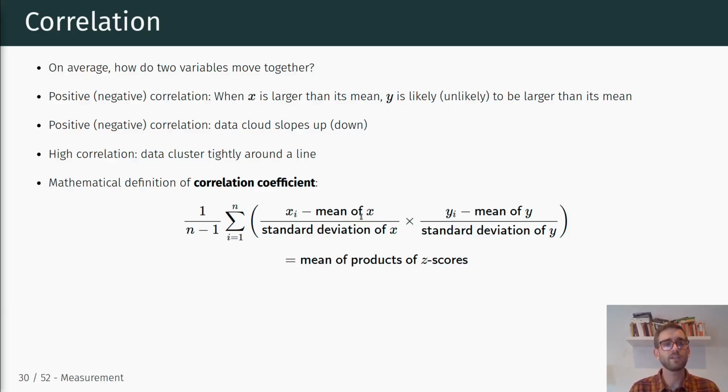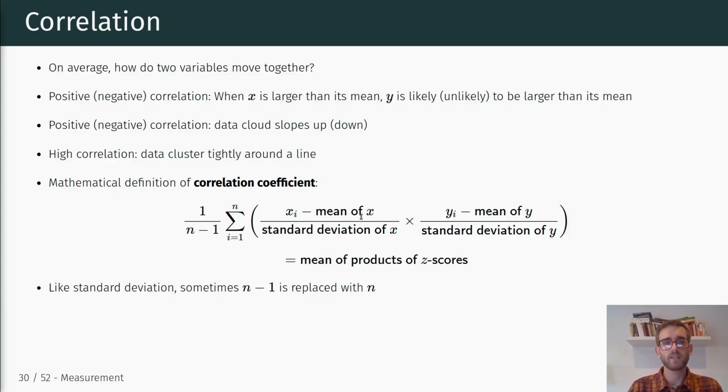So you can see, if you look at the mathematical notation and conceptualize this as the mean of products of z-scores, and there, we'll look at different ways to define this mathematically and rearrange this. But if you think about it this way, it helps you get around this underlying intuition of what a negative and positive correlation ultimately means.